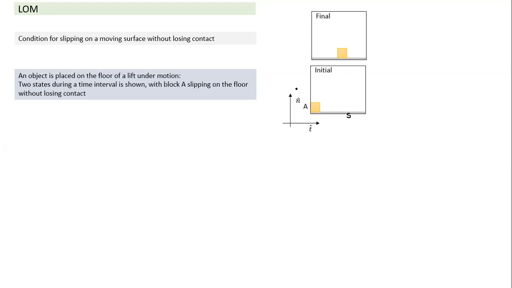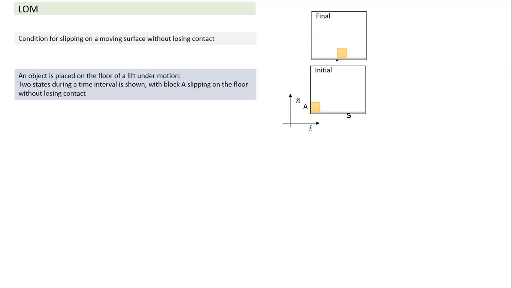Rather than using the y direction, let me use the directions t cap and n cap, because we involve a surface here. Whenever a surface and slipping are involved, let me call n cap the direction which is normal to the surface and t cap the tangential direction. So what has to happen here?